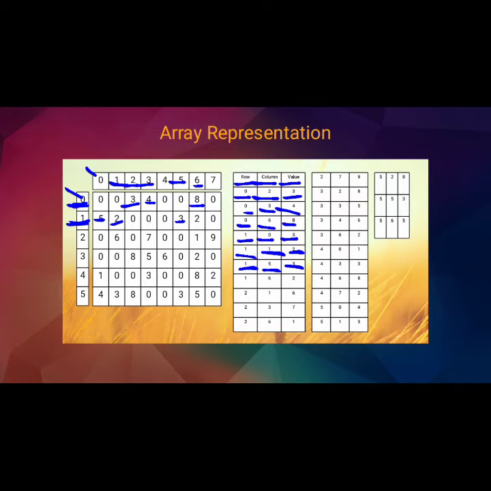Next is row 1, column 6, and value is 2. Next is index row 2. In index row 2, in column 1, the element 6 is there. So row 2, column 1, the value is 6.